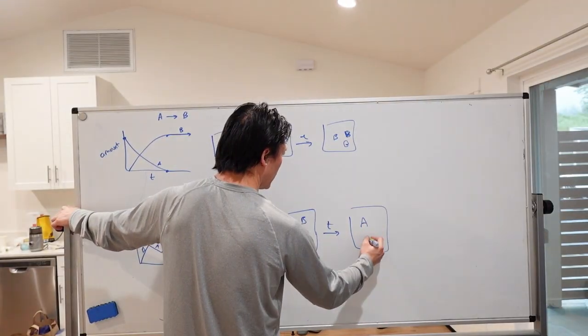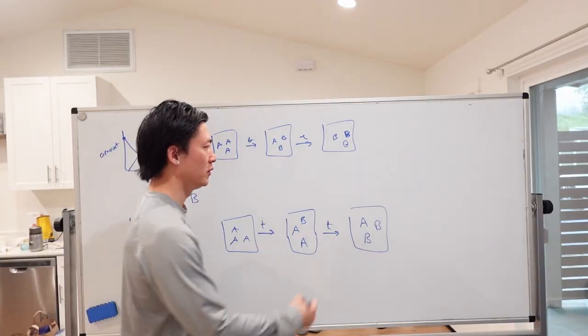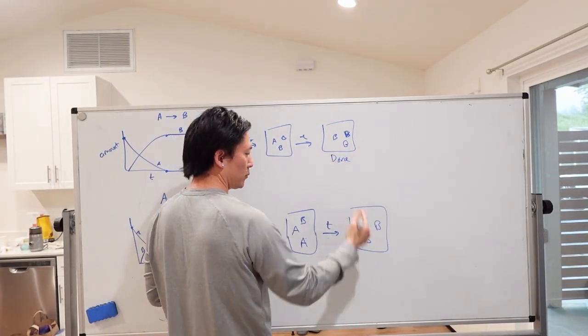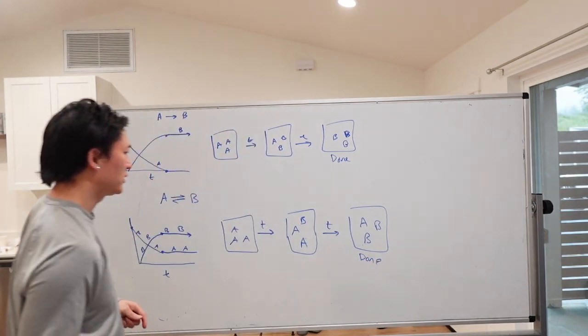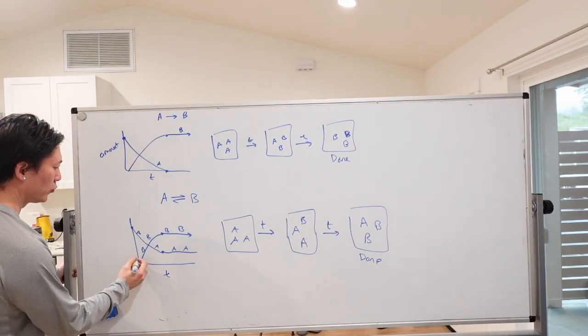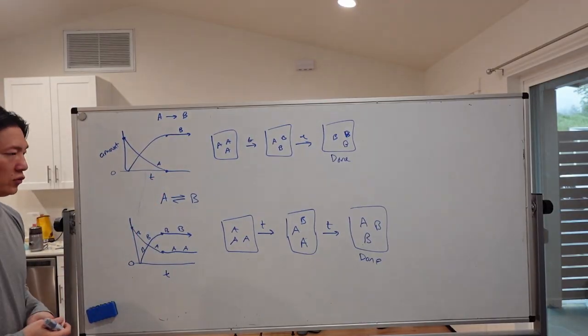We get one A and two B's. And the reaction is finished here. For the case up here, it's finished also. The reaction is complete. Here, done also. So notice that there's still some A remaining. It didn't go all the way to the bottom, which would be 0 amount. This one does. So this is what equilibrium is.